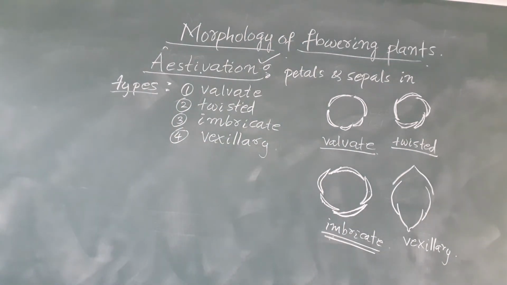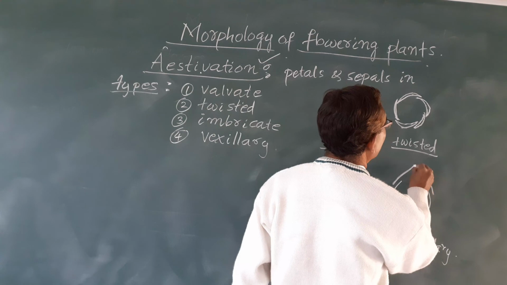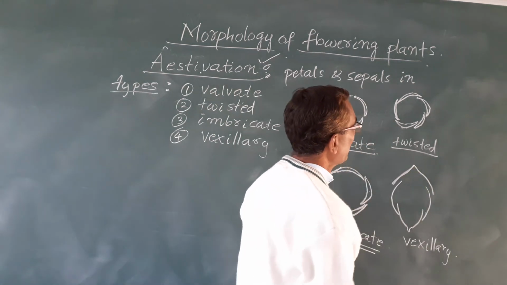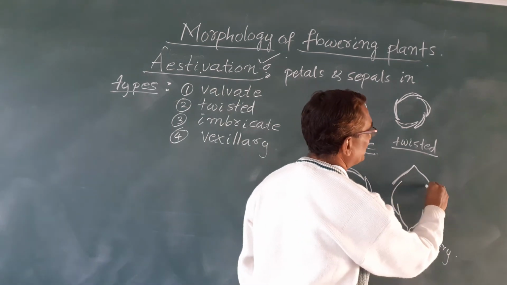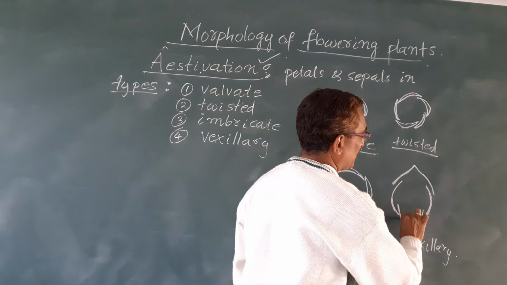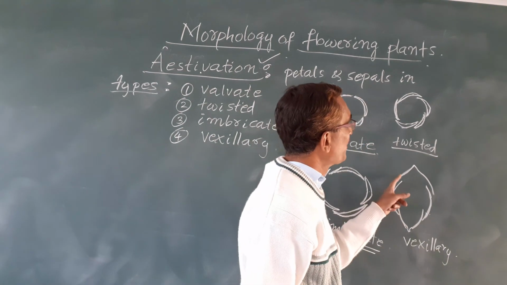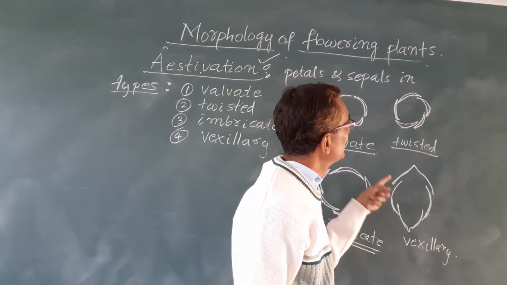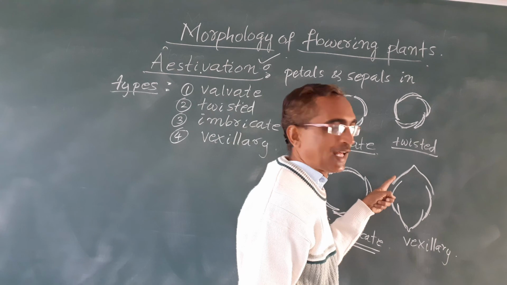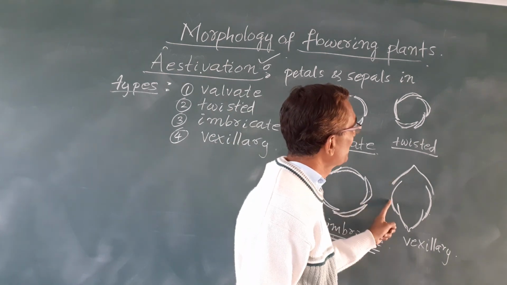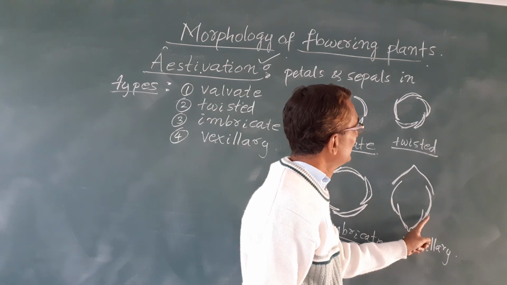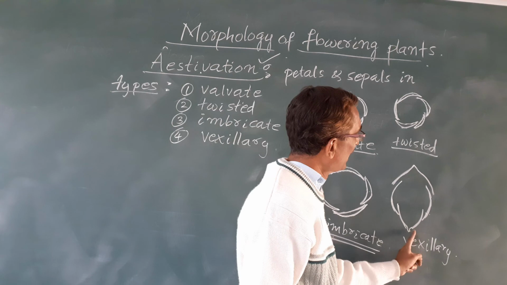And in case of vexillary, what happens? Out of five sepals or petals, the largest one overlaps the other two, and these two in turn overlap the other two.